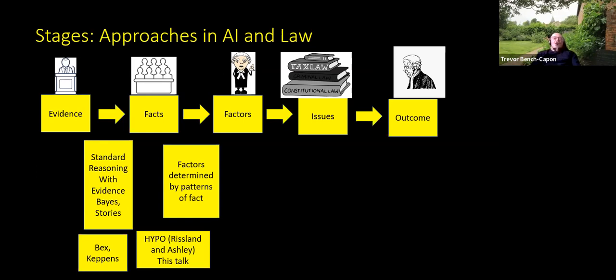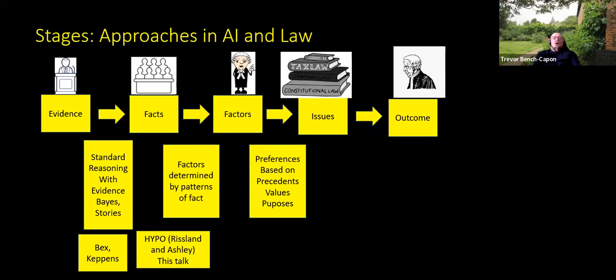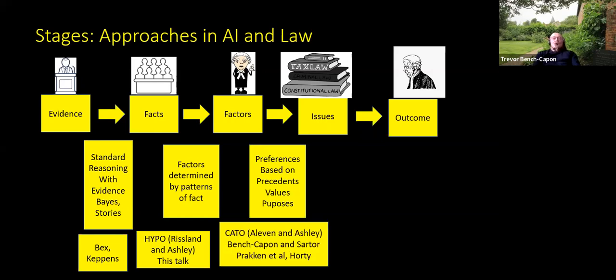The move from factors to issues is probably where most work has been directed, and we need to find preferences based on precedents, values, and purposes. And we can point to CATO, Lewis and Lasse, my own work with Giovanni Sartor, Henry Prakken's work, written with Giovanni Sartor, and the work of John Horty.